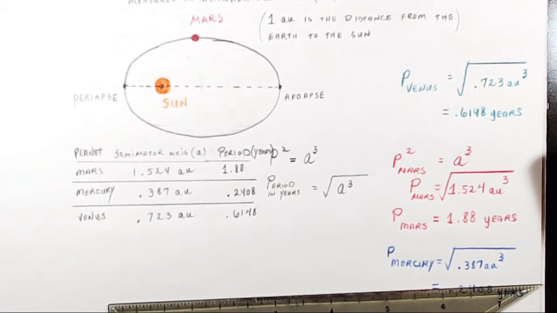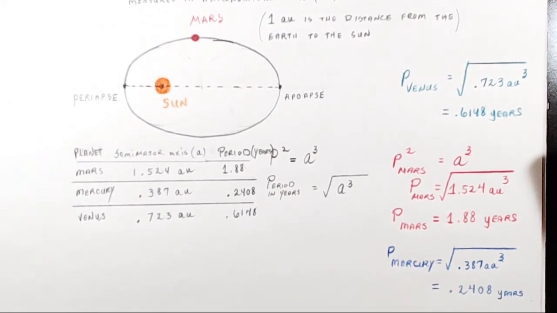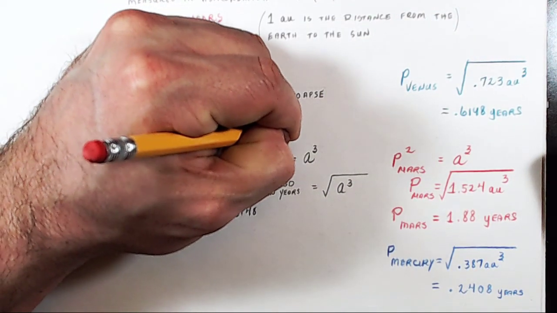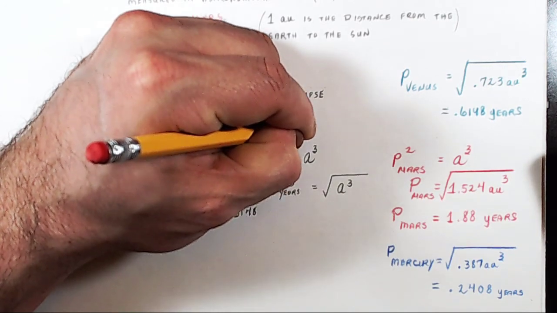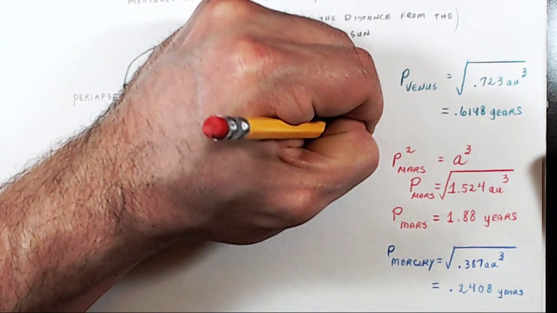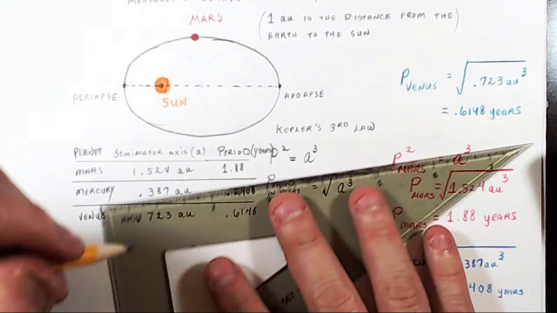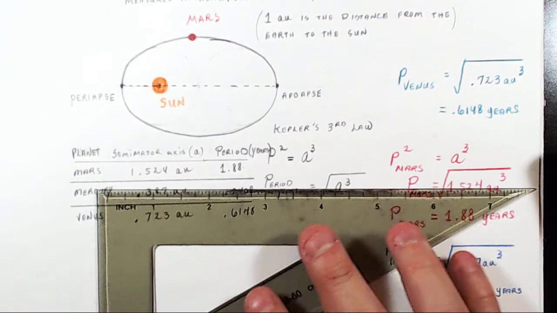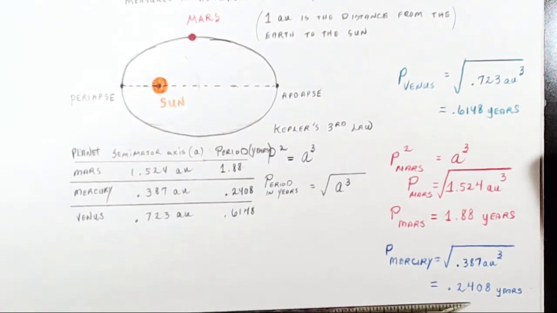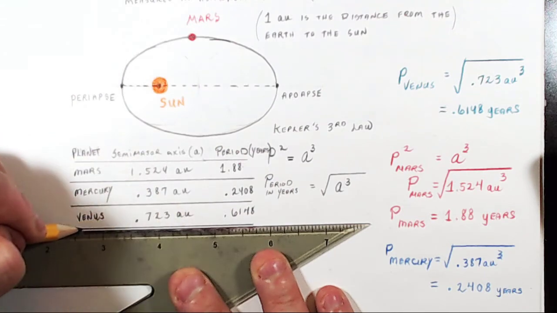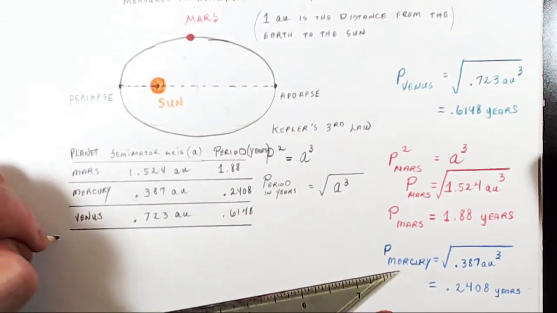Just to make sure that we're doing this correctly and that Kepler is right, this was from Kepler's third law, I should say. That was the P squared equals A cubed. Let's do Earth. Let's make sure this actually works.